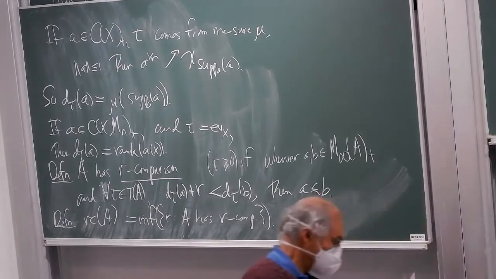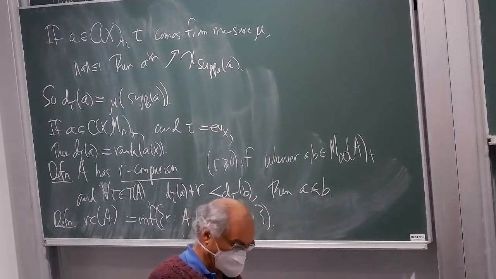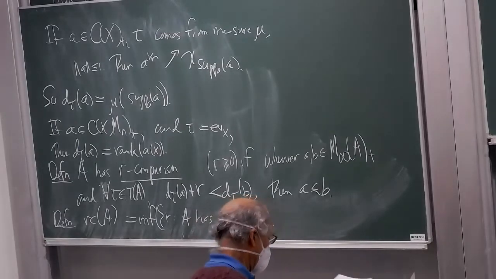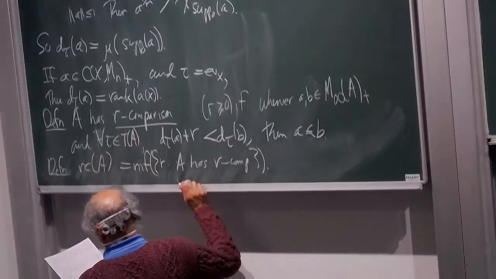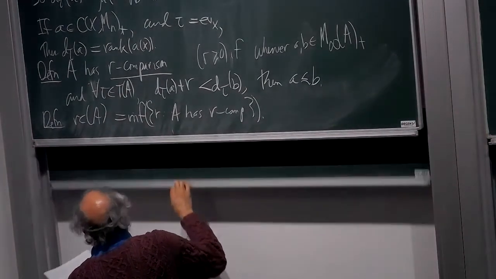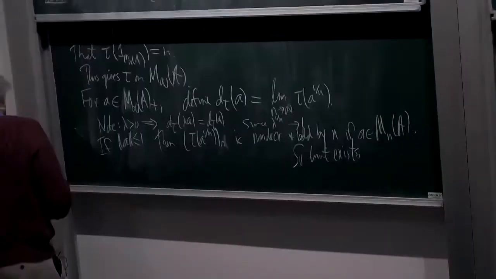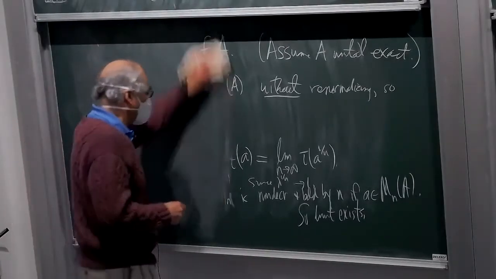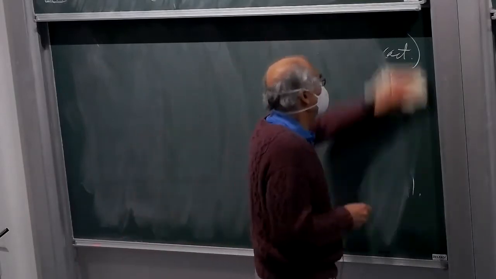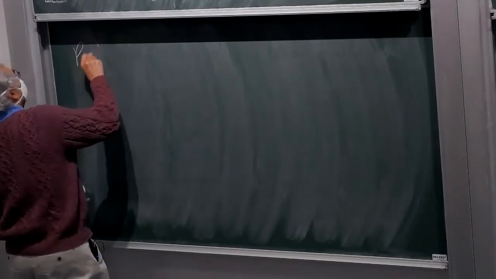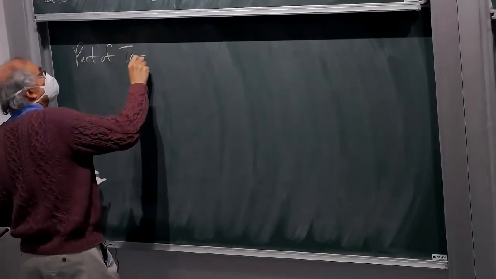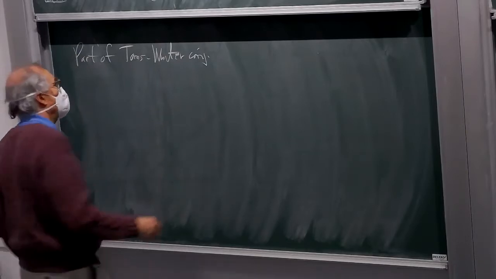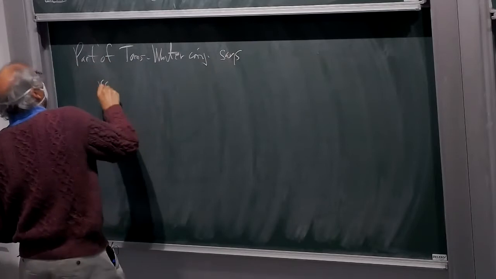And just to connect this with other things, part of the Toms-Winter conjecture, which is really the only part where there's still part of it open, says radius of comparison of A equals 0.